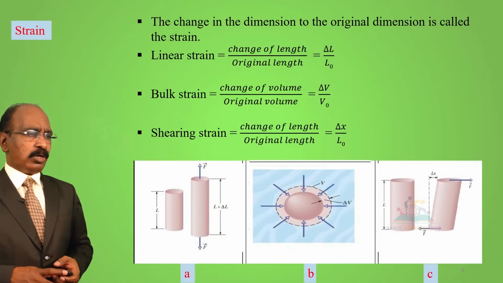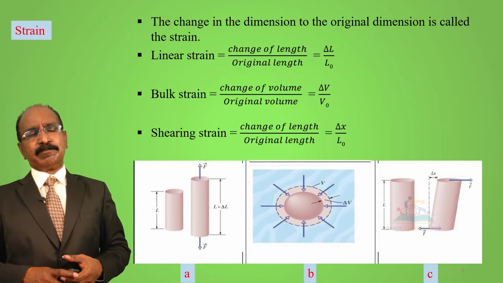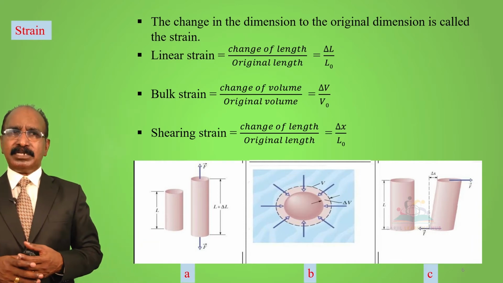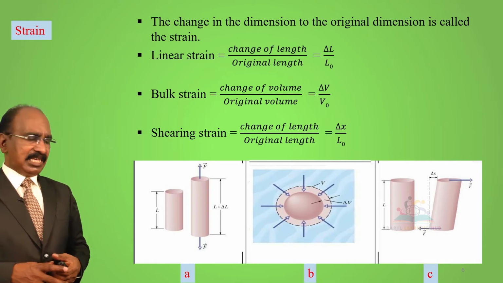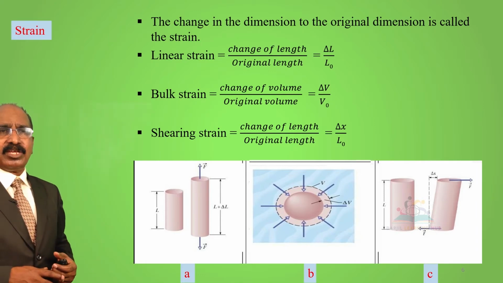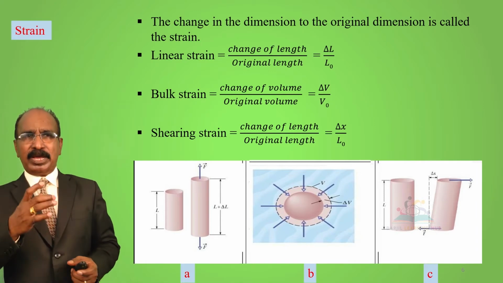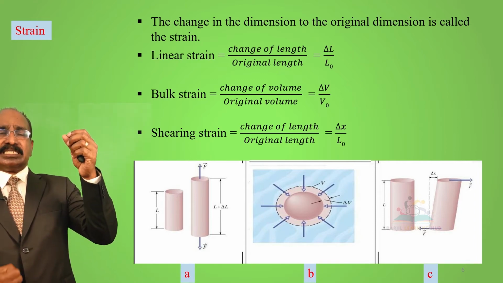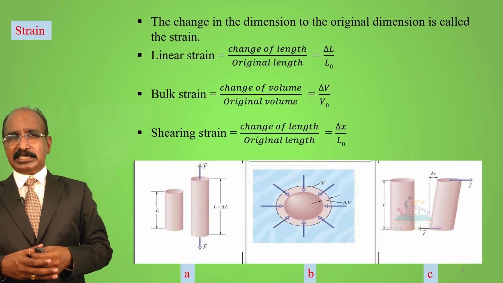And now here I told another parameter, which is strain. What is strain? I have given 3 examples. You see figure A. In figure A, you can see a pipe and you are pulling it on both sides. The length of the body increases.